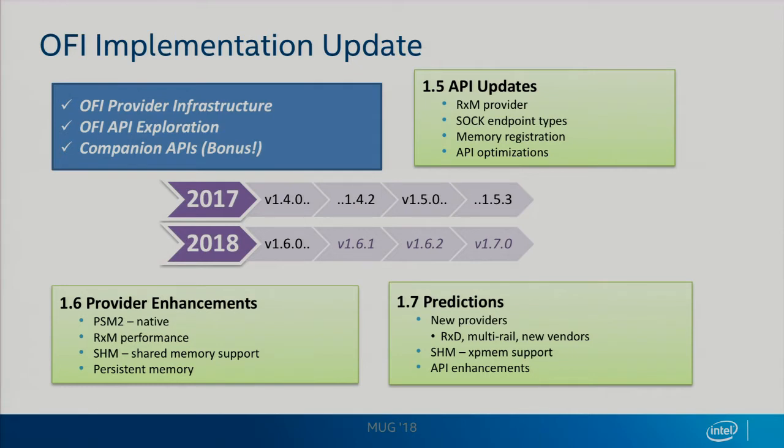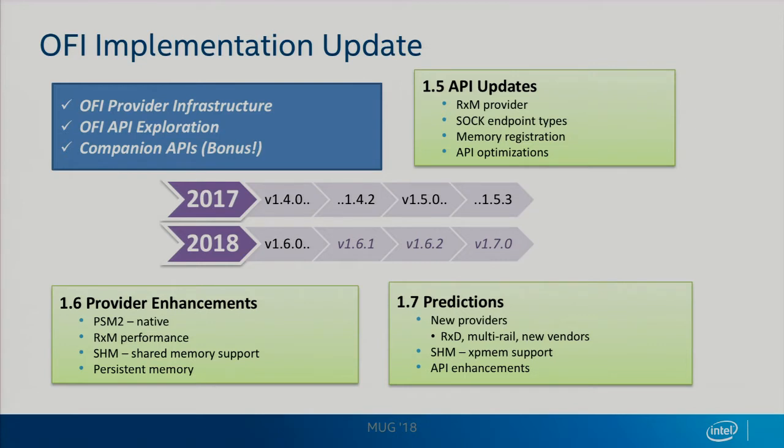So in 2017 we had up to version 1.5.3, and in 2018 we are working on the 1.6 releases. One of the things featured in 1.6 is that the provider infrastructure is starting to become more filled out, with more utilities that different network providers can use.